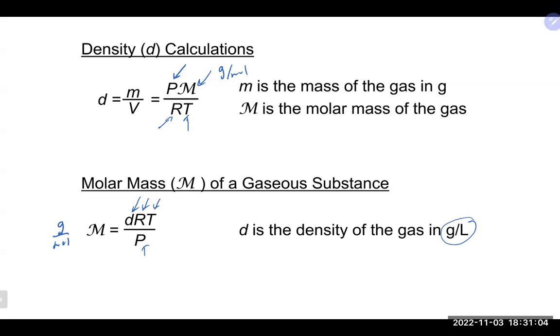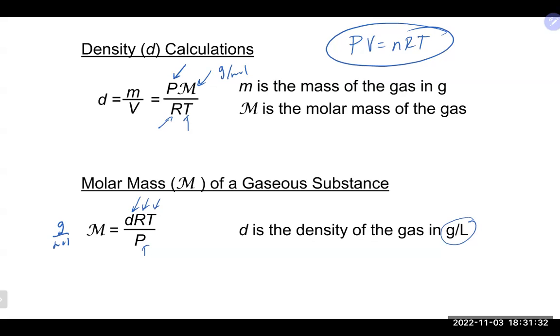These are a couple of formulas you could remember, but you really don't need to. They are both based off of PV equals nRT. You could solve for both density and molar mass simply by using the ideal gas law and the conversion.